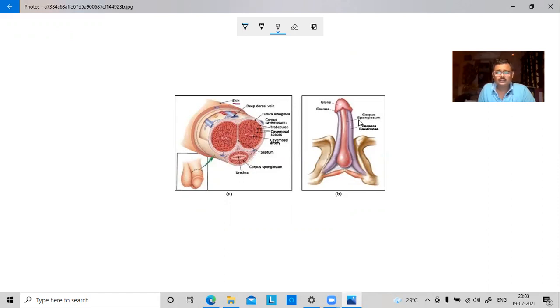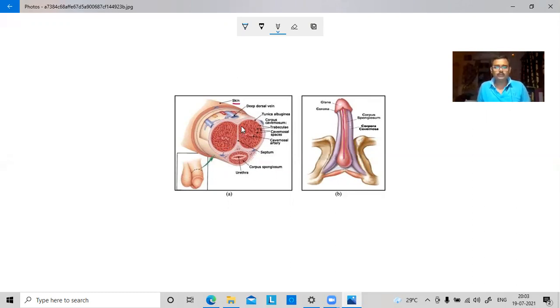In the midline on its ventral aspect is the median raphe, which is the line of developmental fusion between the two genital swellings from which the penis develops. This median raphe extends onto the scrotum and also into the perineum.